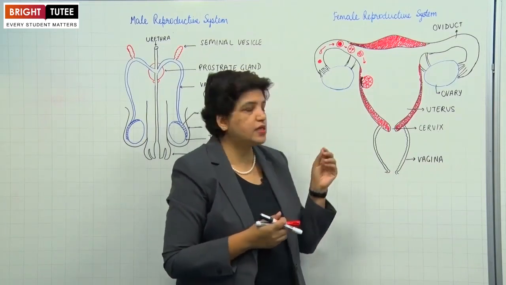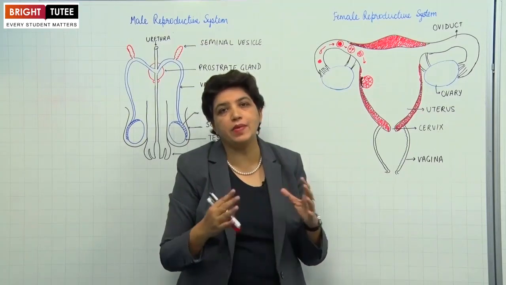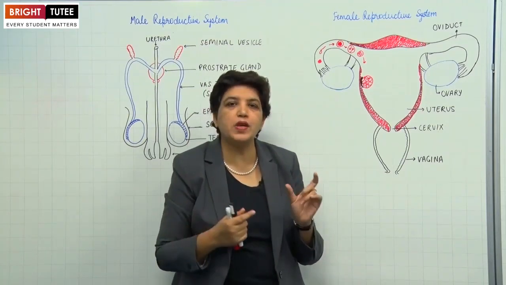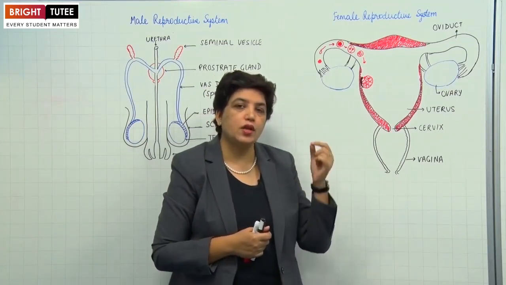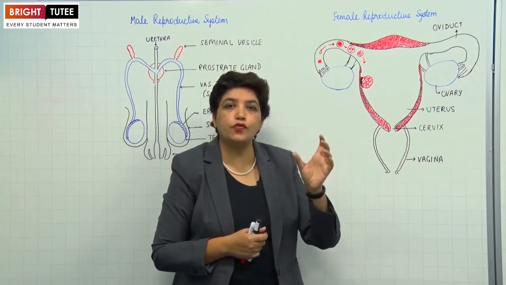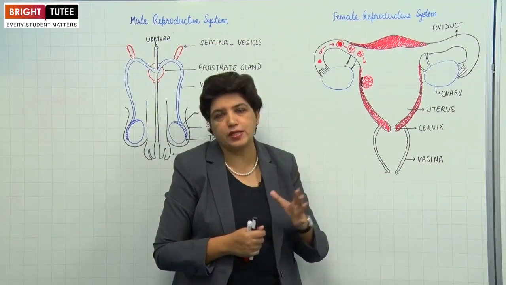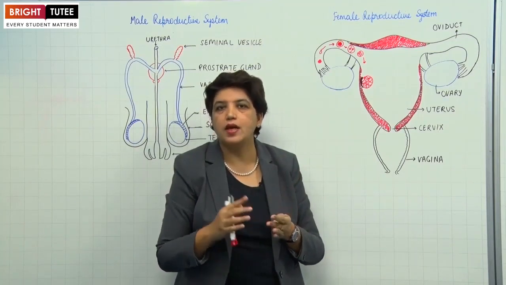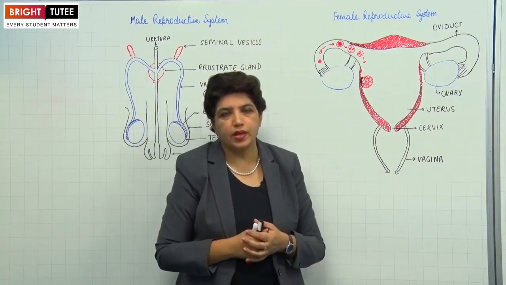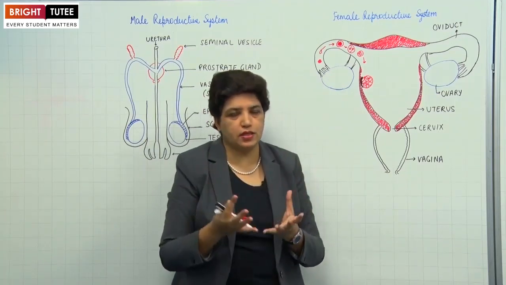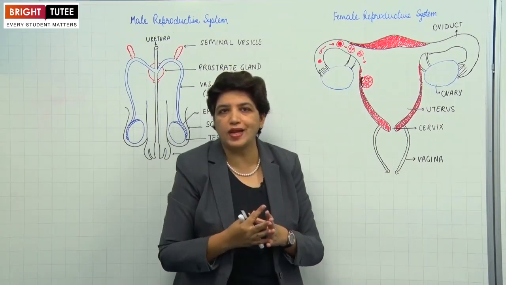Now, this fetus in humans, it takes 9 months to grow fully. This period is called gestation period. The period in which the zygote converts into fully formed, fully developed fetus. It is called gestation period. In humans, it is 270 days or 9 months. Now, once this fetus is fully grown, what will happen?